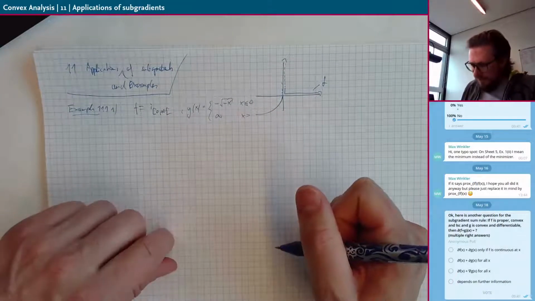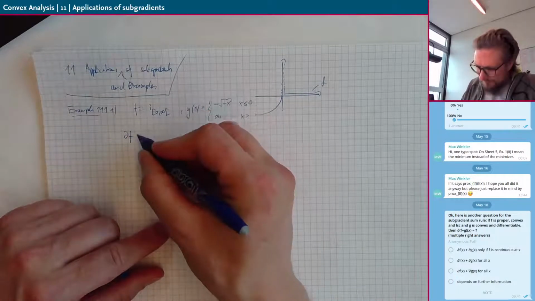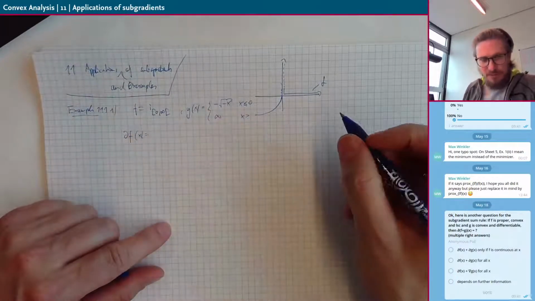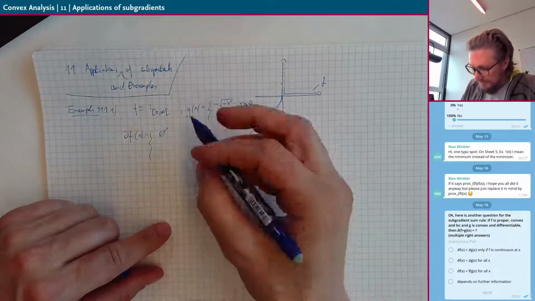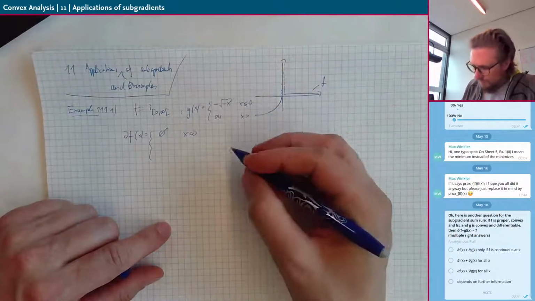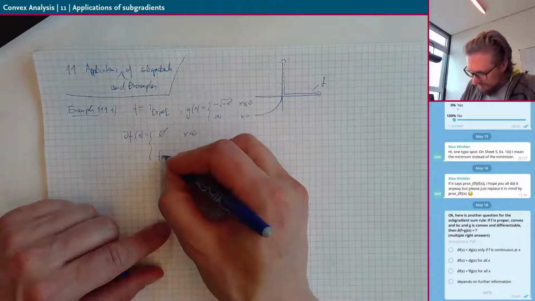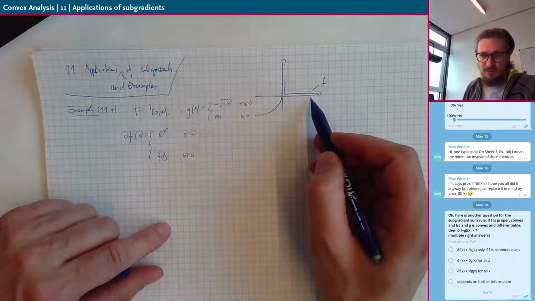So let's calculate everything. What about the subgradients, or what's the subgradient of f? That is more or less simple. Of course, the subgradient is empty for negative x, because then the value is plus infinity. It is just 0 for positive x, because at these points the function is differentiable, it's constant.